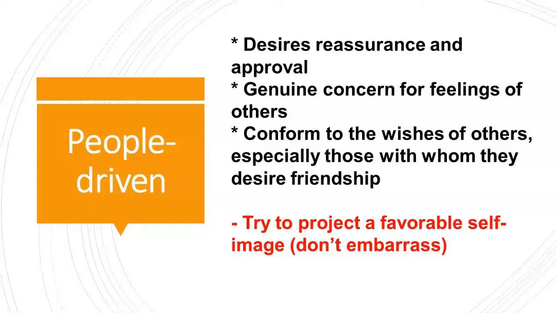They'll be aware of conflict or people that are sad or disjointed. And they like to conform to the wishes of others, especially those with whom they desire friendship. Therefore, you want to make sure you avoid trying to embarrass them or put them in a situation where they will not be favored socially because they have a sensitivity to that.